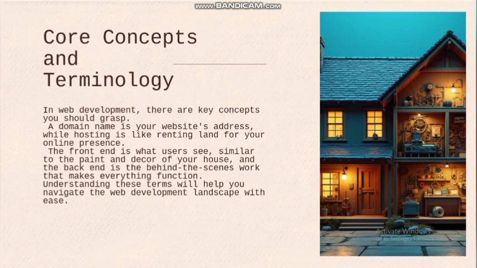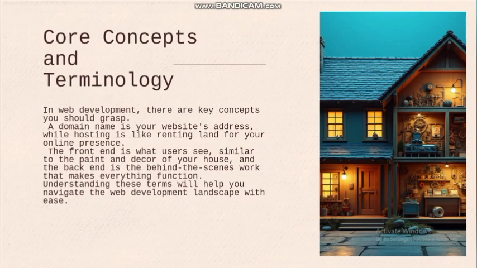The front end is what users see. This is similar to the paint in your house, the TV, the couch, the wallpaper you put. While the back end is the behind-the-scenes work that makes everything function.